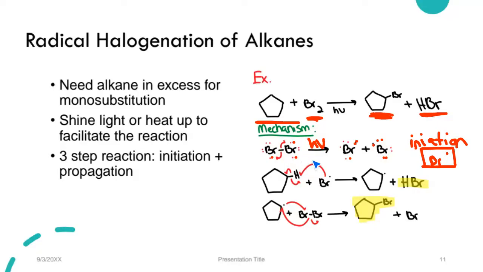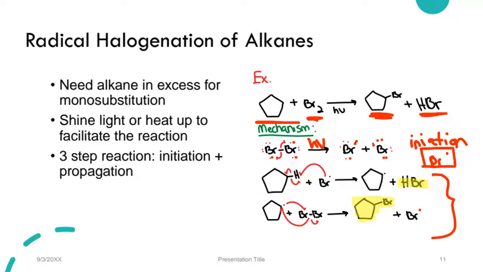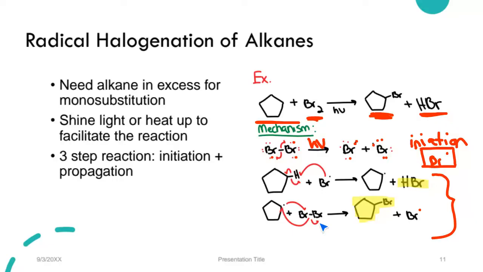Because you only need it to happen once to initiate. And then here, you're going to reform that radical, and then these two steps can cycle back and forth without this. So when you shine light, this does not break apart all of your halogen. So you still have molecular halogen together. Does that make sense?